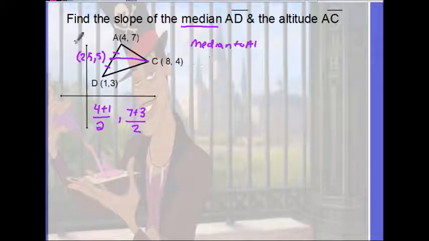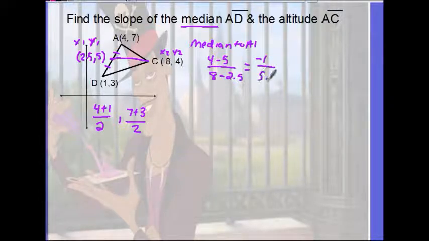Let's let this be x1, y1. Let's let this be x2, y2. y2 minus y1 over x2 minus x1. It's going to end up giving us negative 1 over 5.5. Now, we can't have a fraction mixed with a decimal, so we got to come up with some options.